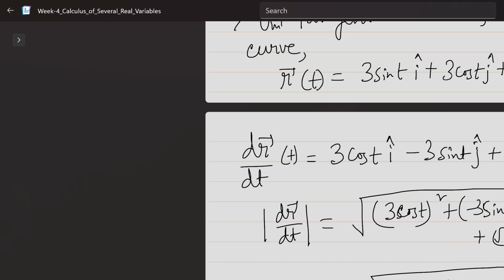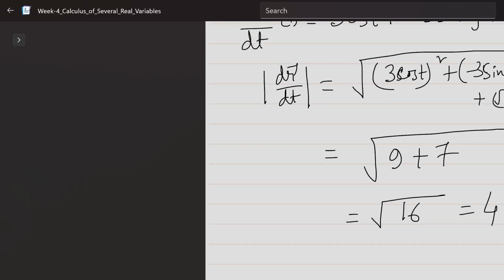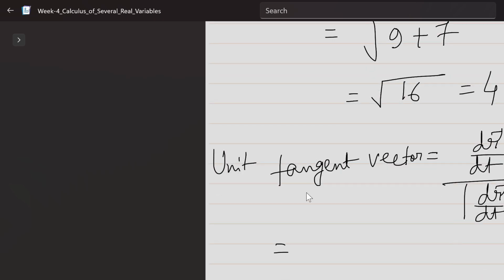No, sir. Cos square plus sin square is 1. So it is 4. So unit tangent vector is, it is an easy problem. You just have to find the magnitude. So dr/dt by modulus of dr/dt. Modulus is 4, so I will divide by 4.